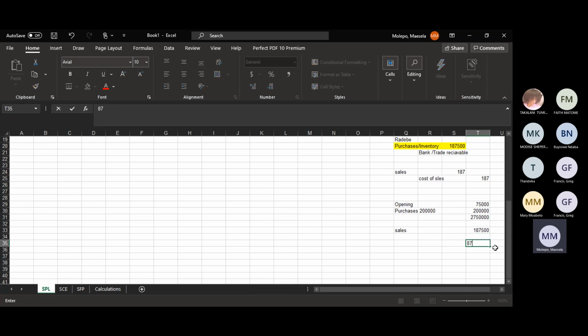So now we have 87,500, which will be the closing inventory.